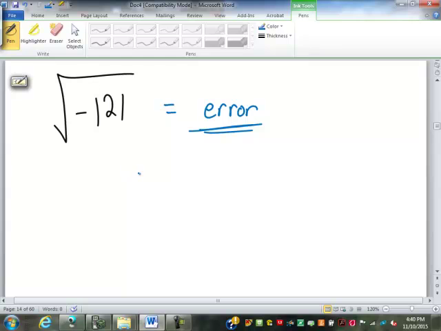What number squared equals negative 121? Well, squared means times itself, right? To get a negative number, you have to have a positive times a negative. Well, that wouldn't be times itself. So there is no way to do the square root of a negative number, because nothing squared is ever going to be negative. Everything squared will be positive.